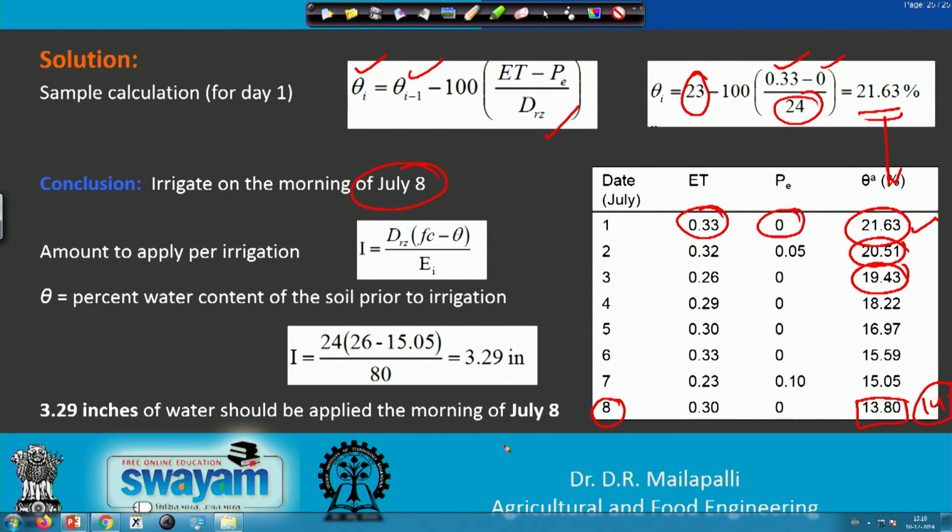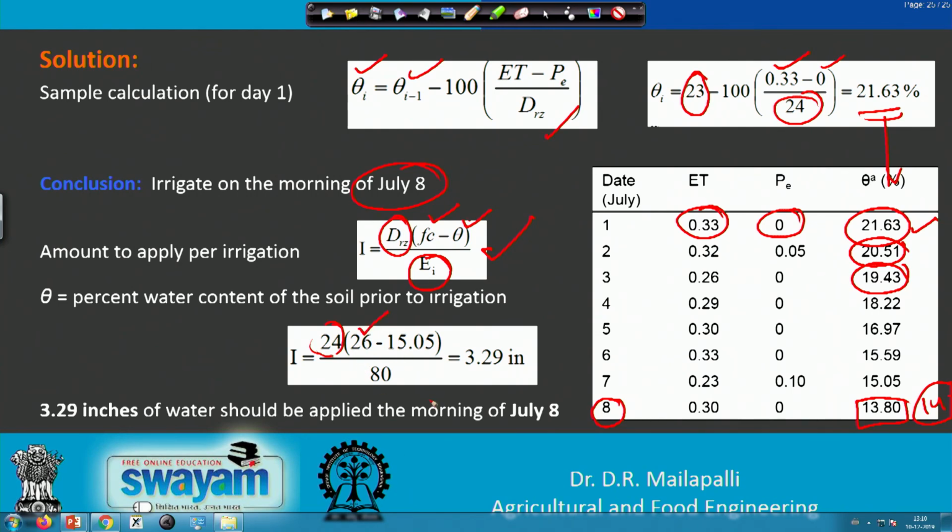The next question is how much irrigation you need to give. The amount of water applied to the field is estimated using this equation: root zone depth times field capacity minus soil moisture on the previous day of irrigation, divided by application efficiency. Here, 24 inches is the root zone depth, and 26 percent is the field capacity.